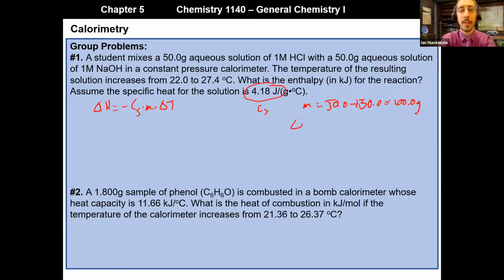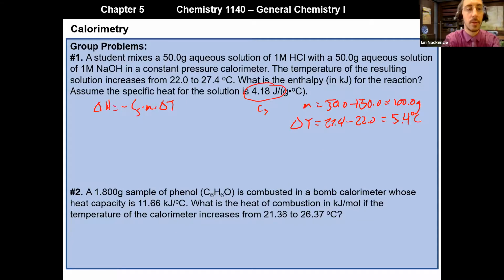Then my delta T is always final minus initial, so that is going to be 27.4 minus 22.0. Looks like we have a temperature change of 5.4 degrees Celsius.